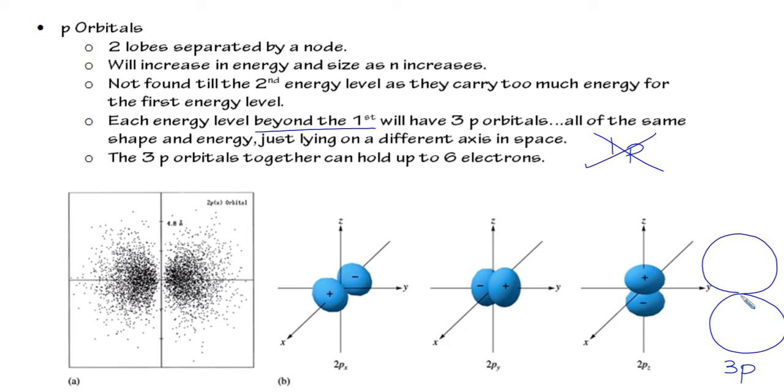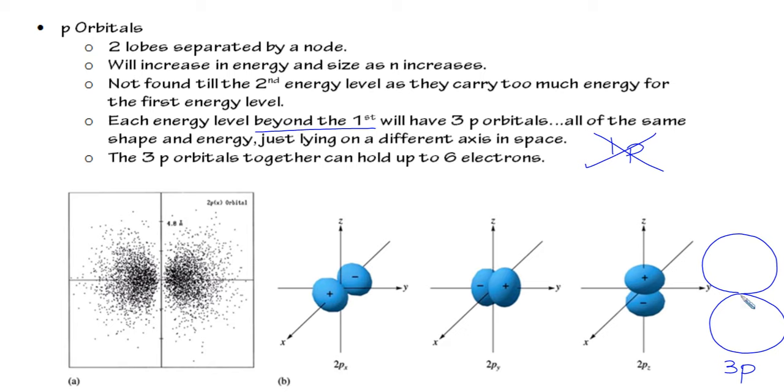Same shape, just a larger region around the nucleus where I may find electrons. So all the way up to a 7p with the same shape, this two-lobed, dumbbell-shaped orbital. It would just be giant in orbital terms. Again, these aren't found in the first energy level, not till the second. They're too big, they have too much energy.